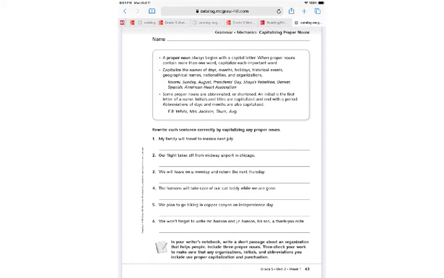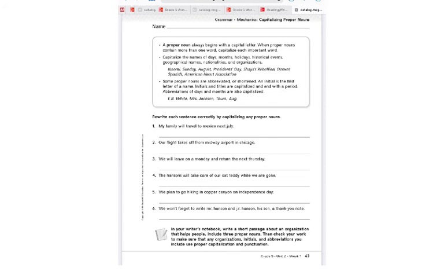Now, we're also working with nouns this week and next. This week, we're looking at common and proper nouns. A proper noun always begins with a capital letter. When proper nouns contain more than one word, you capitalize each important word.